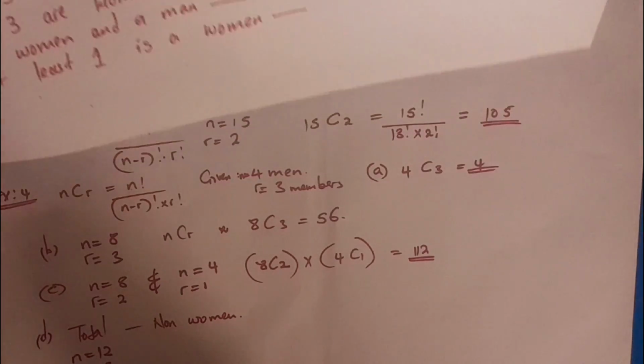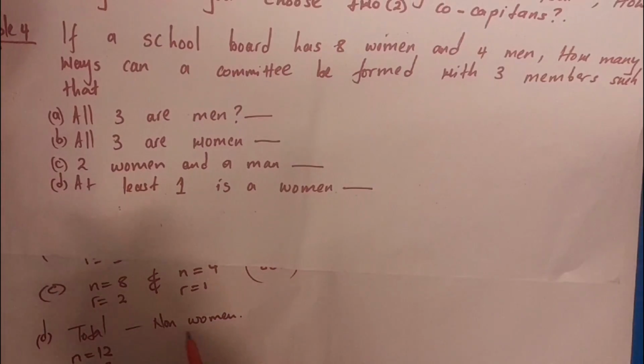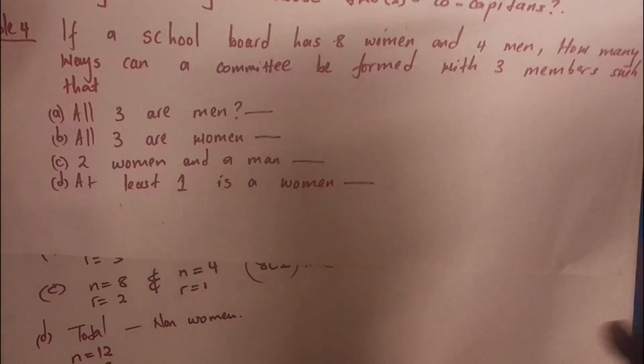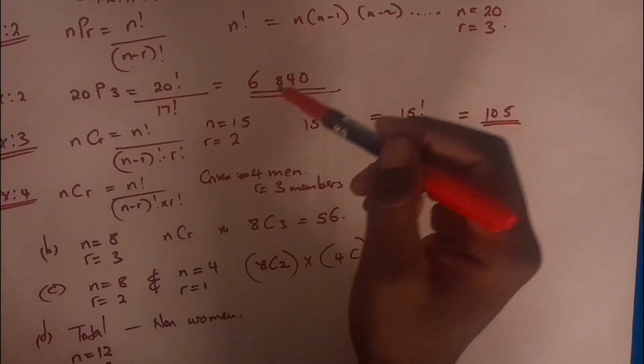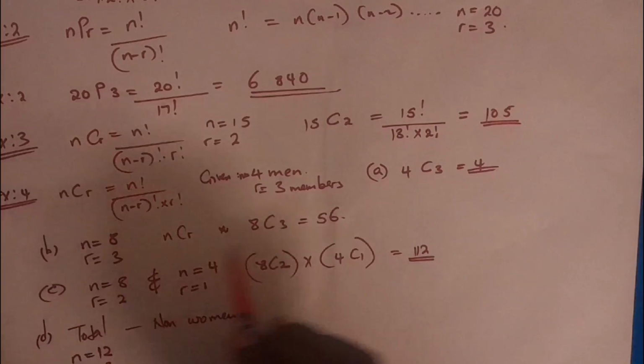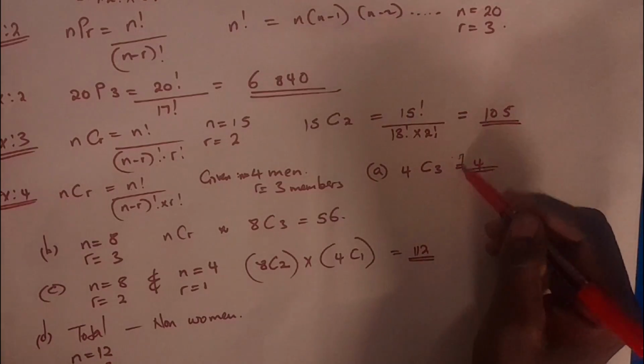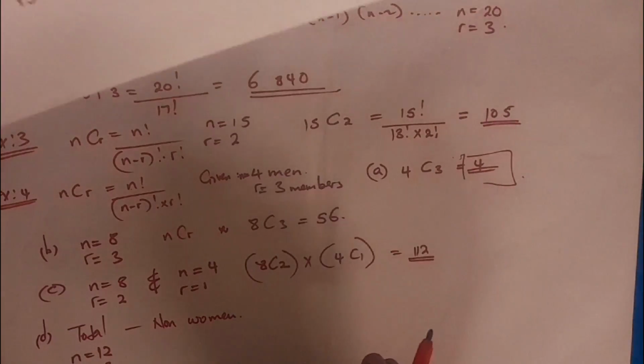For the non-women, we already have the answer, because the answer for non-women is all 3 are men. That is our answer on A, which is 4.